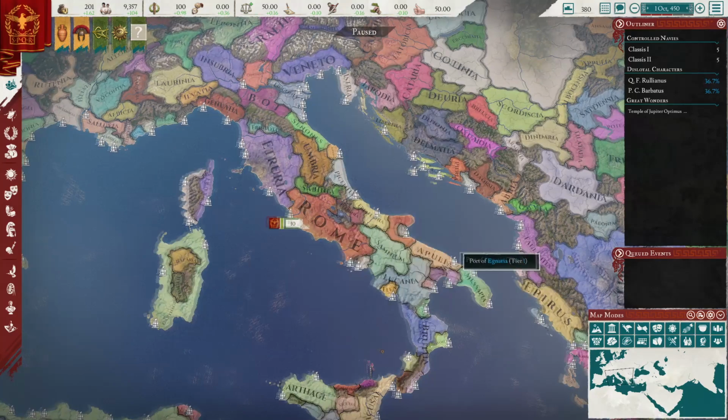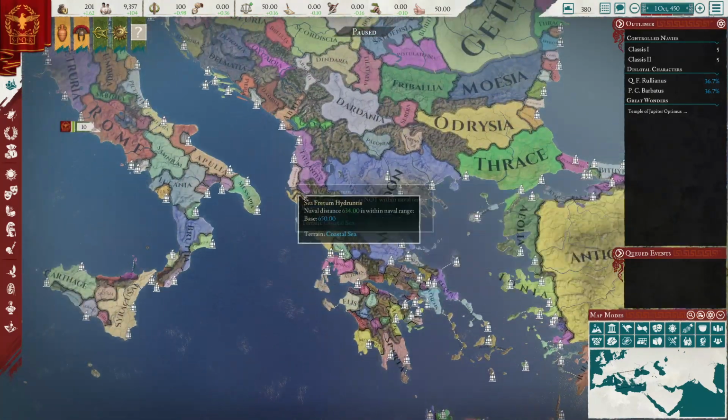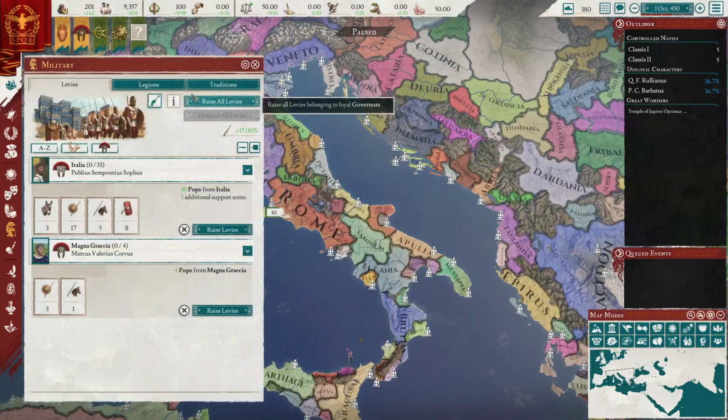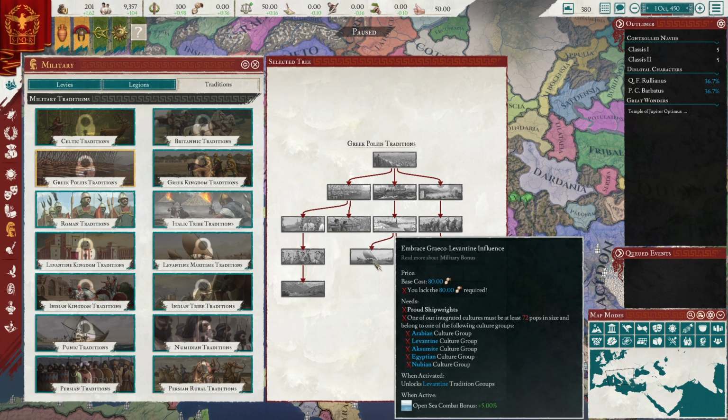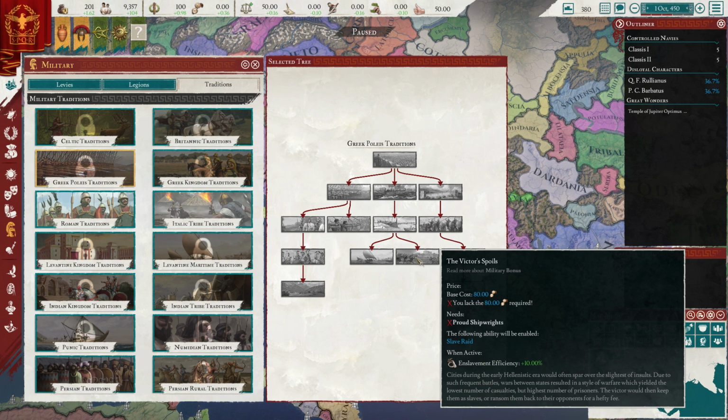And then depending on who you play as, especially, I know the Greeks have this in the military traditions. If I go to Greek Polis or something like that, there is right here the slave raid ability. It gives you enslavement efficiency, which is great because if you take over a territory, this will make you more likely to get population, which will then be sent back to you to work in your economy, thus expanding it, thus making you more money.